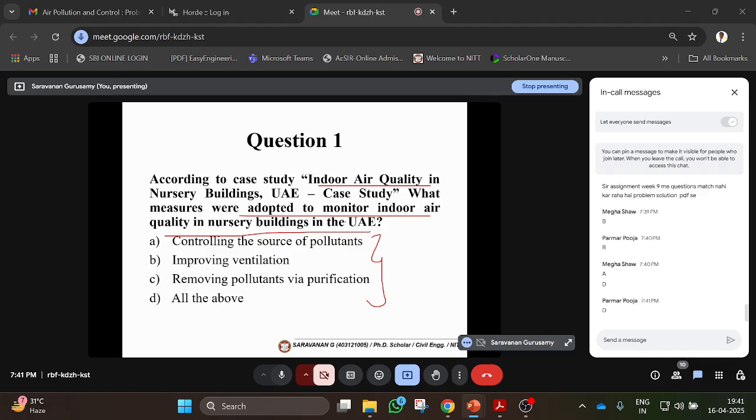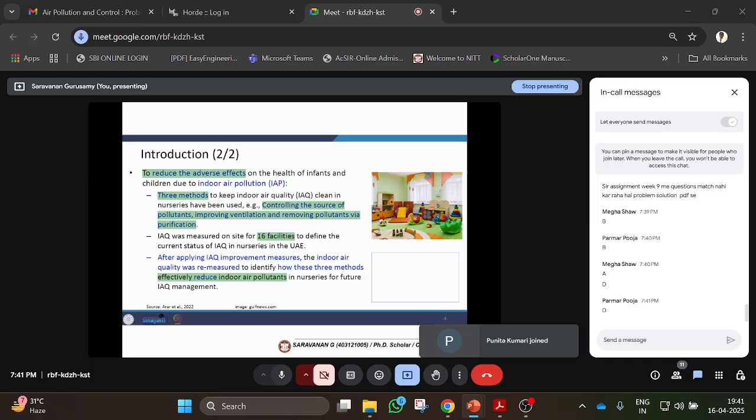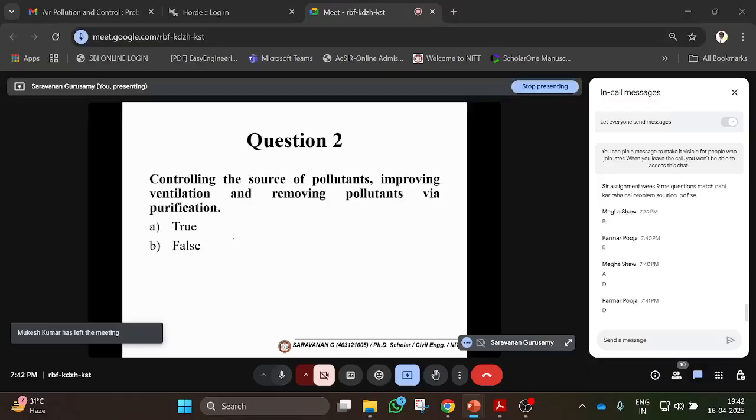And they found all the nursery schools have indoor air pollution. So they have given some techniques to reduce it, that is controlling the source of pollutant, from closure of rooms and all. They have to control it and improve the ventilation and remove pollution via purification. In some nurseries they have given accommodation measures. So all the above is correct. Yeah. 16 facilities they checked and three methods were adopted: controlling the source of pollutant, improving ventilation, and removing pollution via purification.